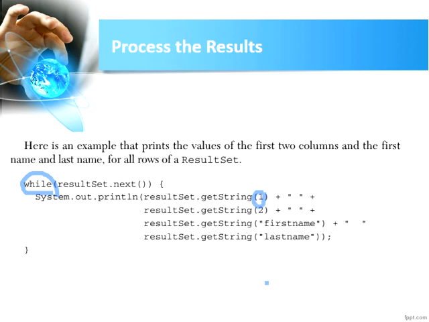The second manner is to use the name of the column. So there are two manners. We can use the index: resultSet.getString(1) means we want to extract the value of the first column. But resultSet.getString("firstName") means we want to extract the value of the column firstName.